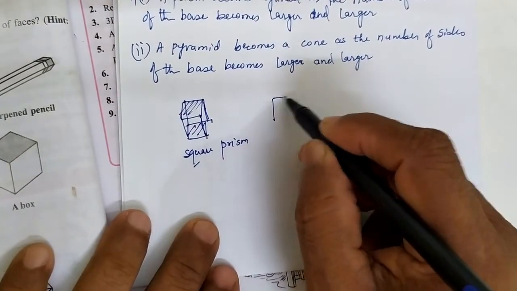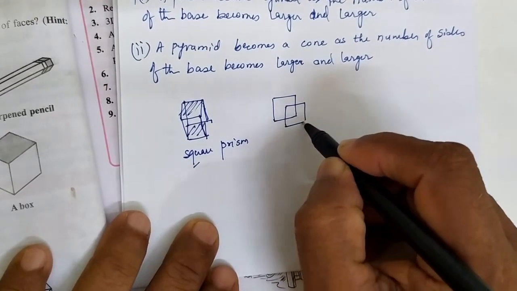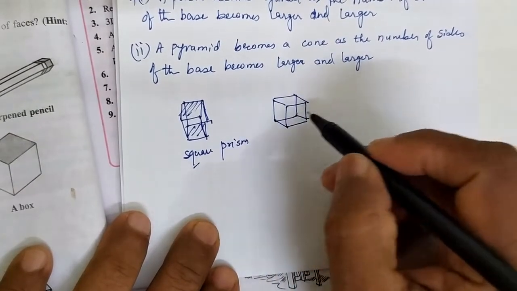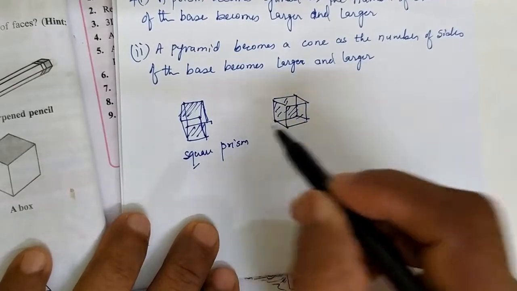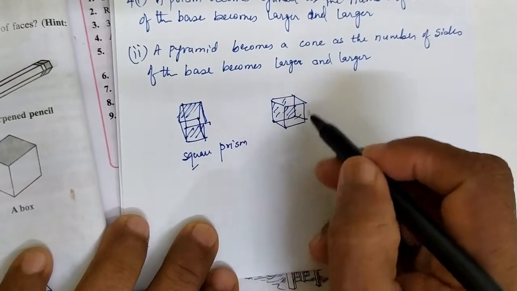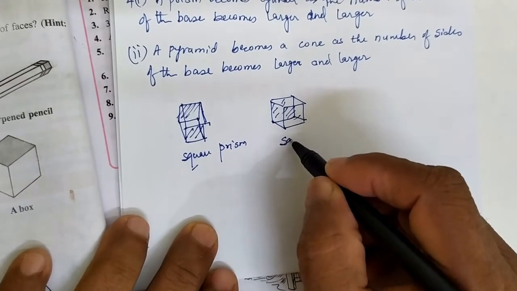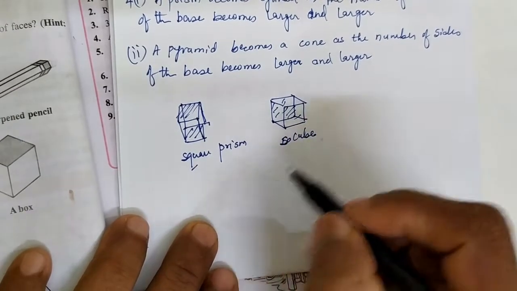For example, if I take a cube, what happens? This base and this topmost face, both are squares. And the other faces are also squares. So this is a cube.